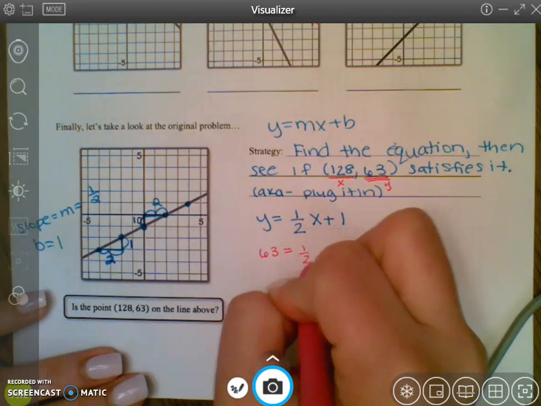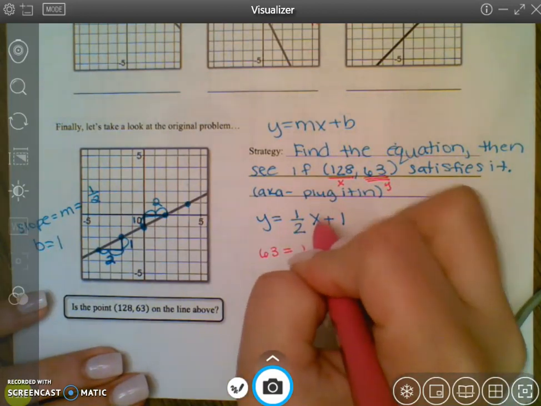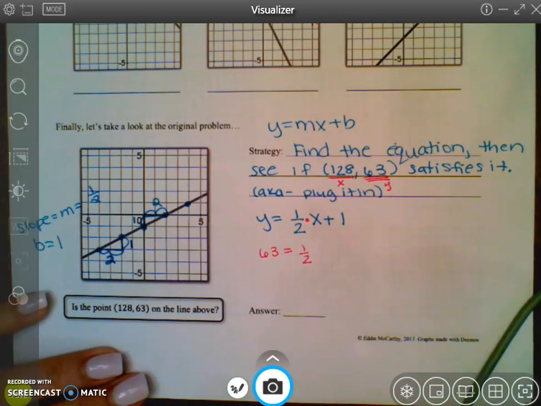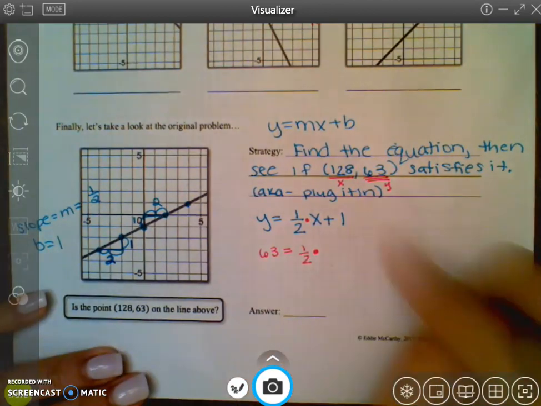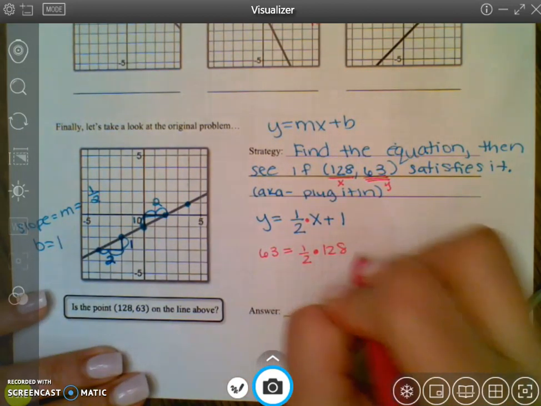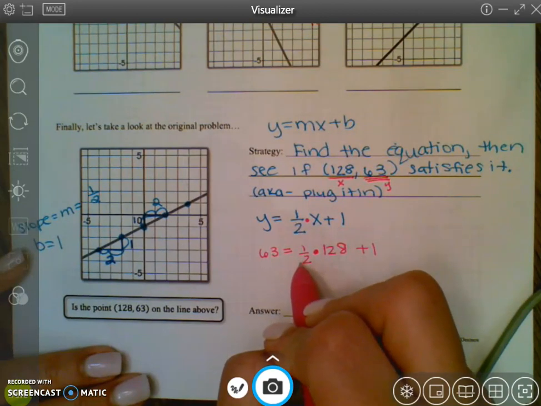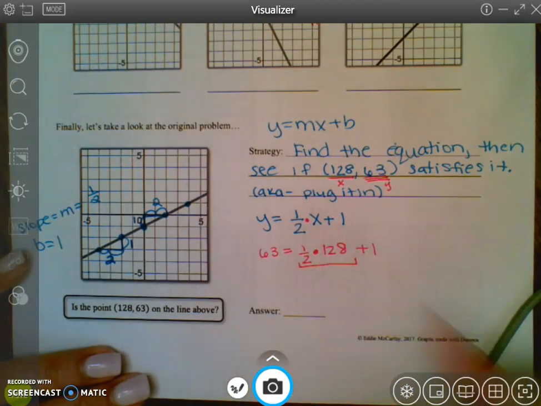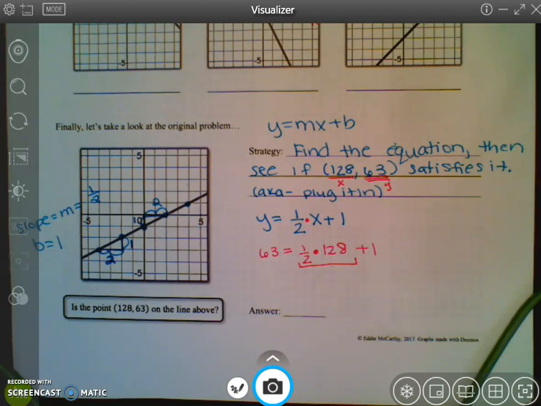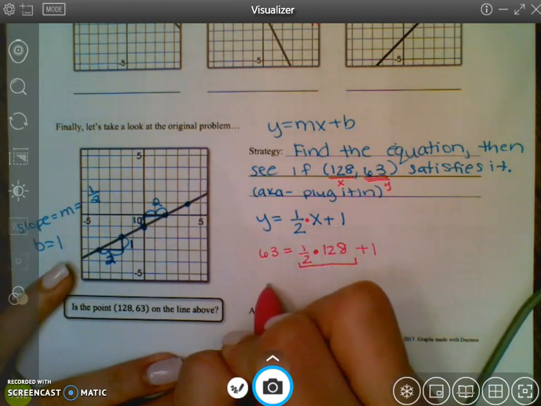Remember, 1/2 x means 1/2 times x. So 1/2 times x is 128 plus 1. When you're doing PEMDAS, remember order of operations, you have to multiply before you add. Or your calculator will do it for you. But if you do it by hand, if you want to challenge yourself, you have to do that first. So half of 128, well, half of 120 is 60, so that gives me 64.